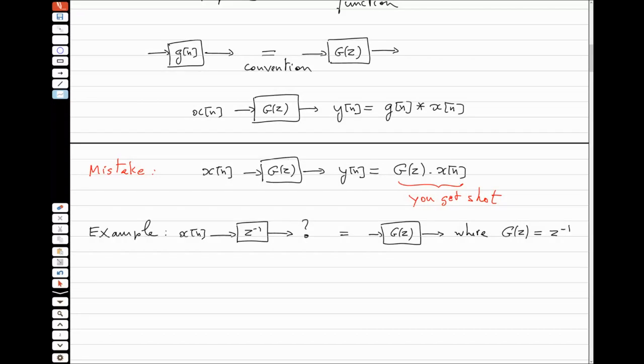Okay, so that is easy to understand. Now, according to what I said, this is the same thing as this. But what is g of n? When g of z is z to the minus 1, what is g of n?